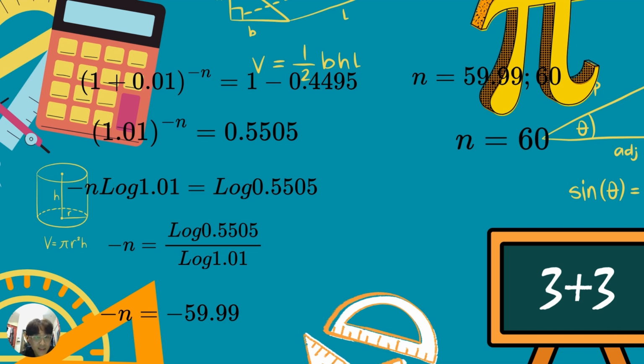We need to remove this minus sign. So the answer is n equals 59.99, or we can round it, so n equals 60. That's all.